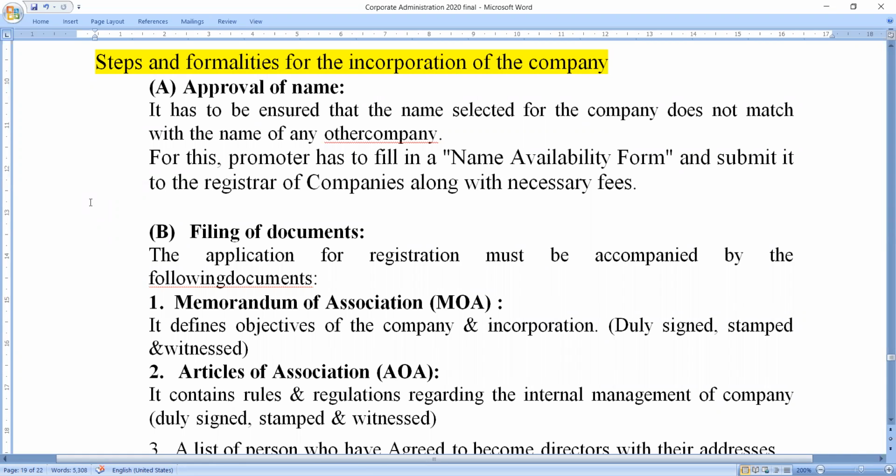Here also we have the procedure, so that we are not putting any dilemmas here. The steps are clearly given, each and every step, about how we have to get the incorporation certificate. Each and every step and formality is given here.